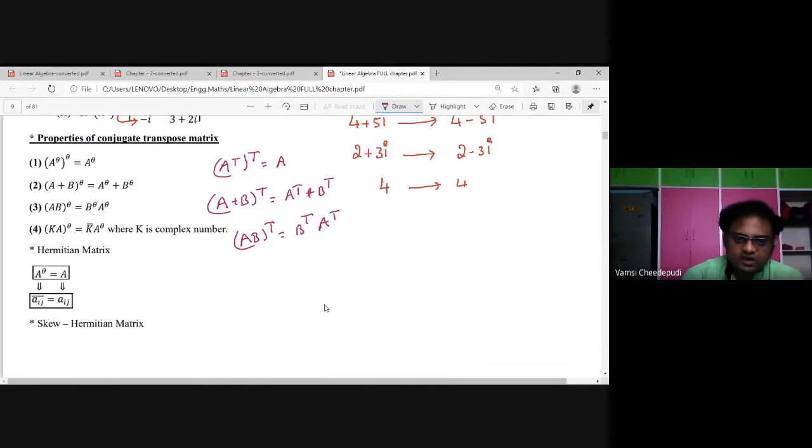They are also very similar: A power theta whole power theta is equals to A, A plus B whole power theta is A power theta plus B power theta, and A into B whole power theta will be B power theta into A power theta, right?